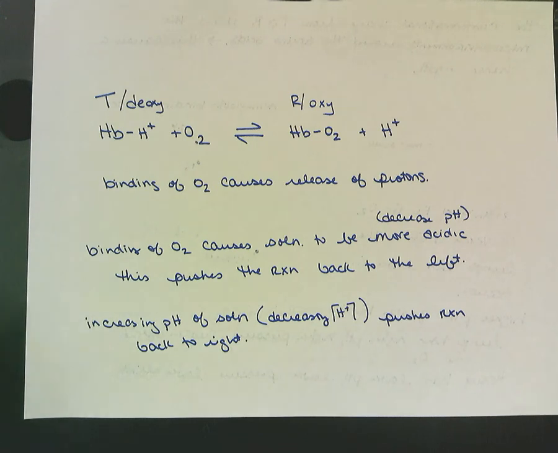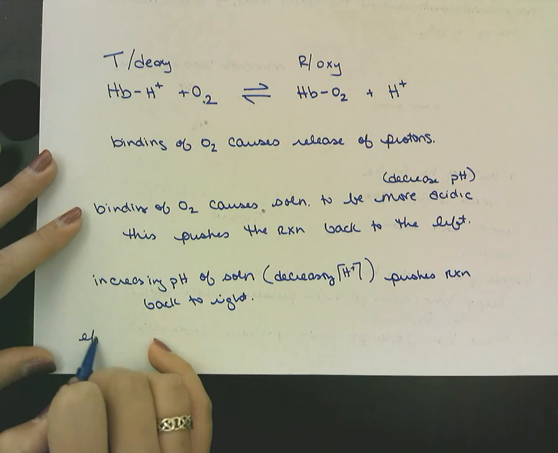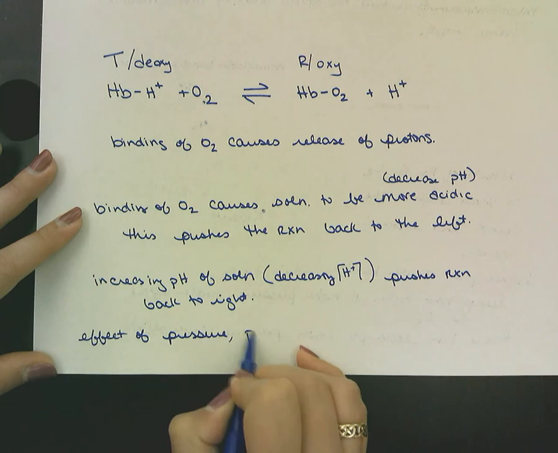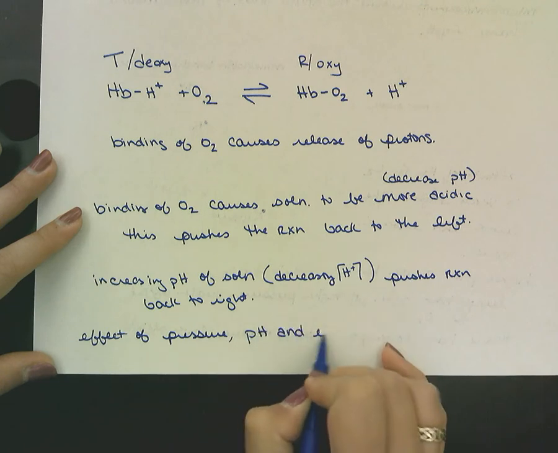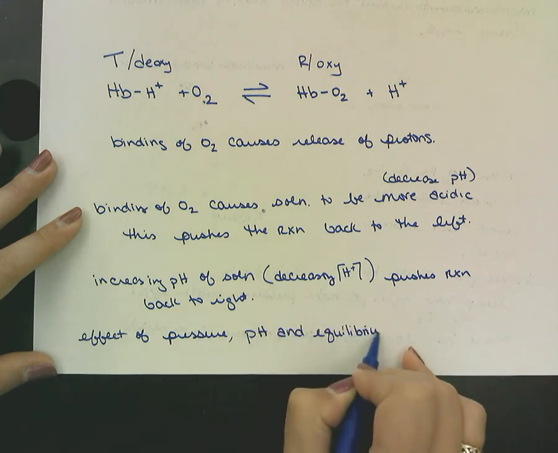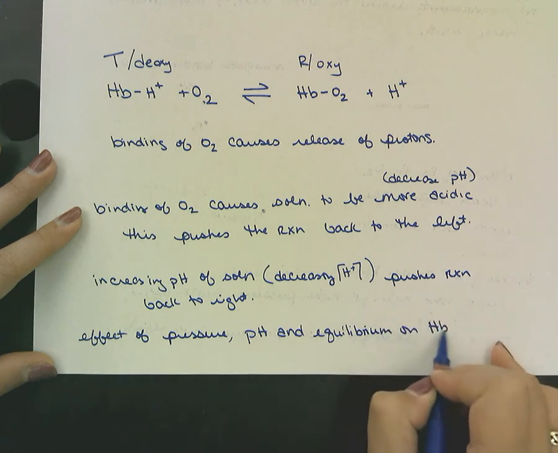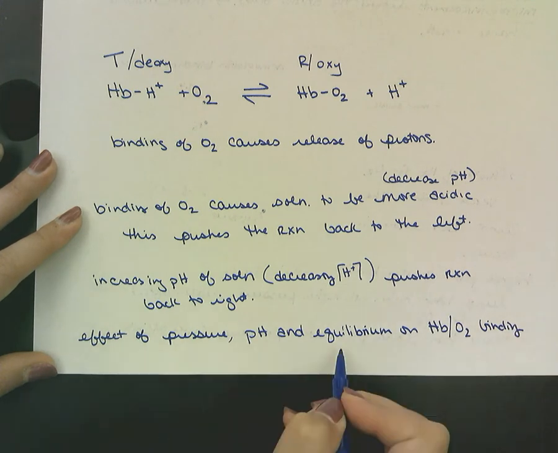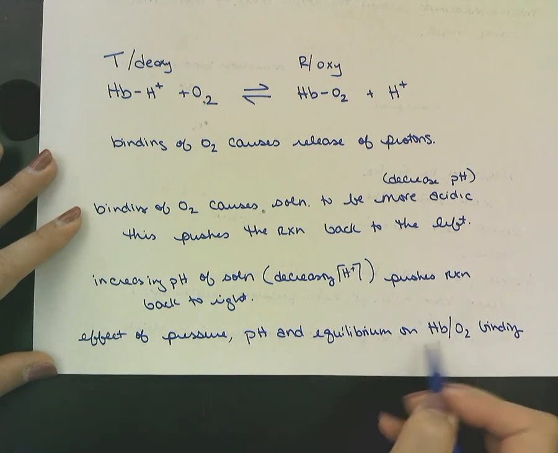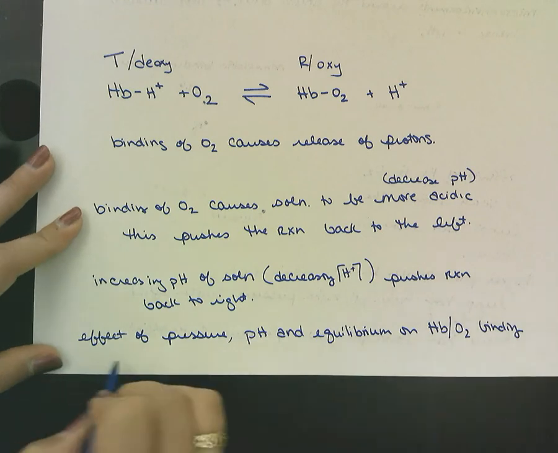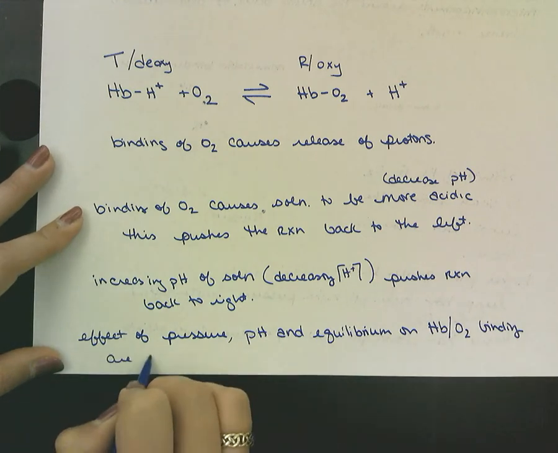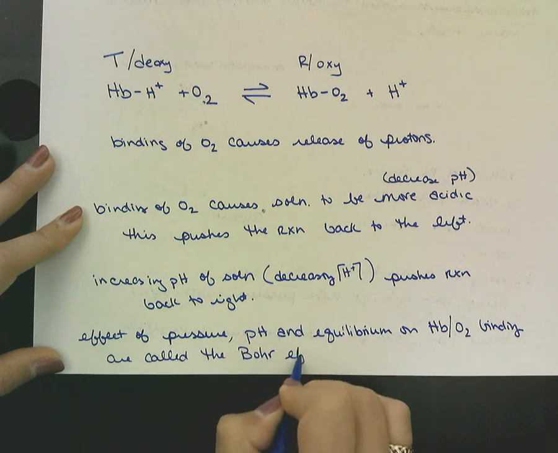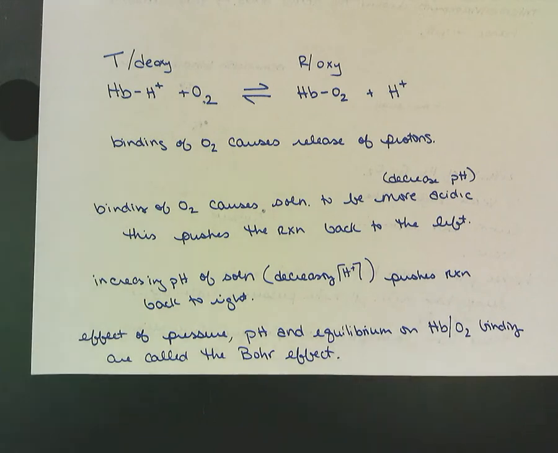So, all of these factors combined together: the effective pressure, the pH, and the equilibrium reaction of hemoglobin and oxygen combining or not combining. Altogether it's called the Bohr effect.